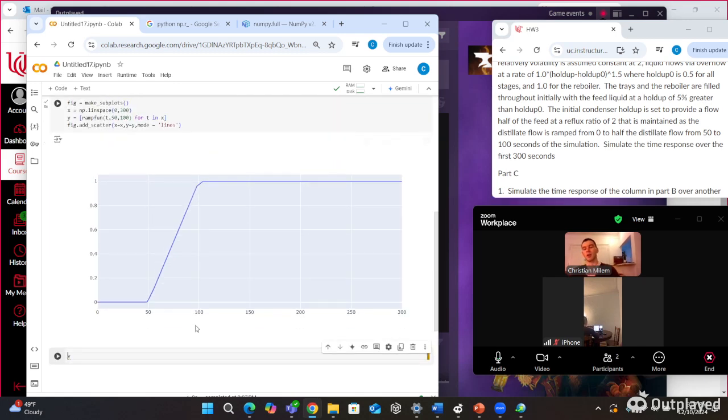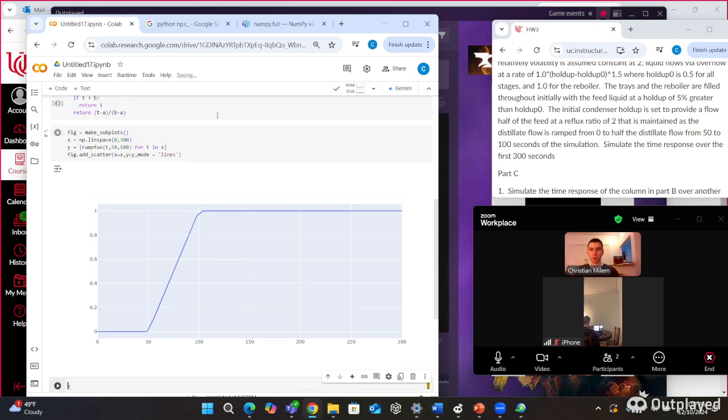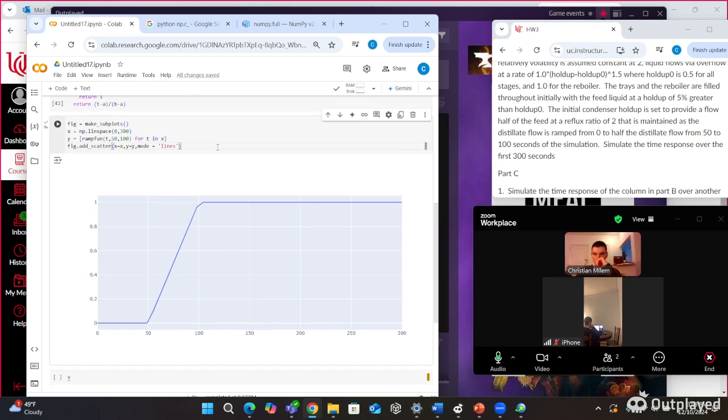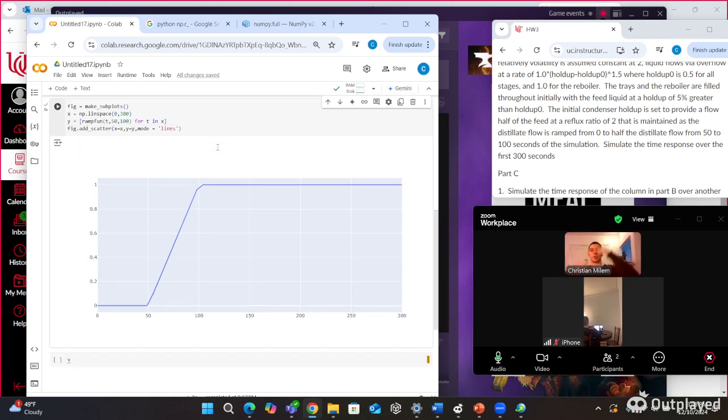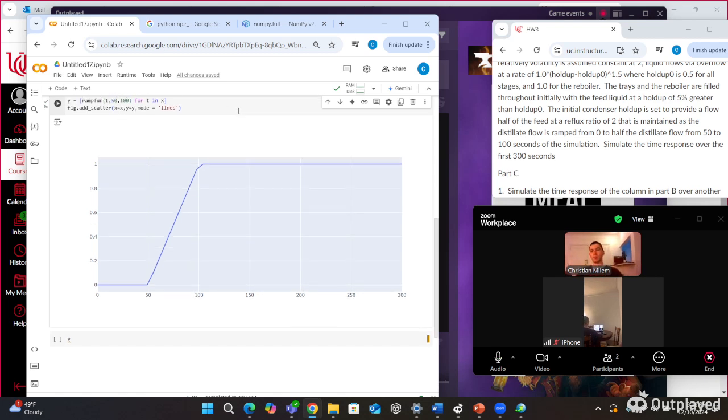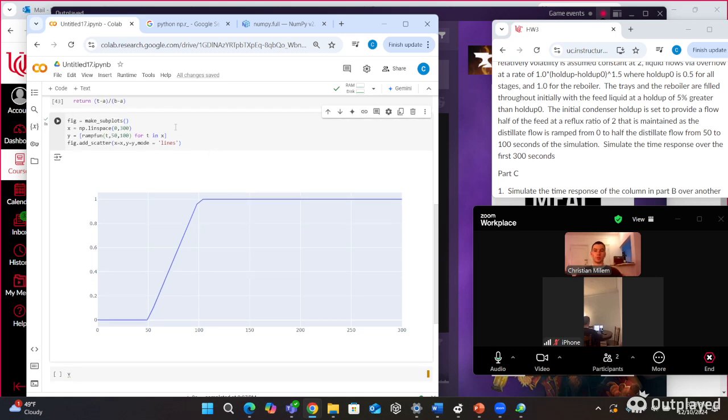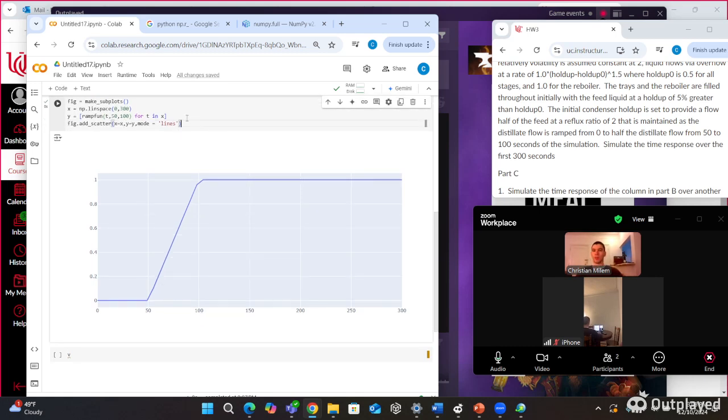Yes. Okay. So as you can see, it's 0 up until t finally gets to 50, and then it ramps all the way up to 1. So you can multiply the ramp function by anything to scale it up. You can also shift it up if you want to add 1, or shift it down by subtracting any value from the function.